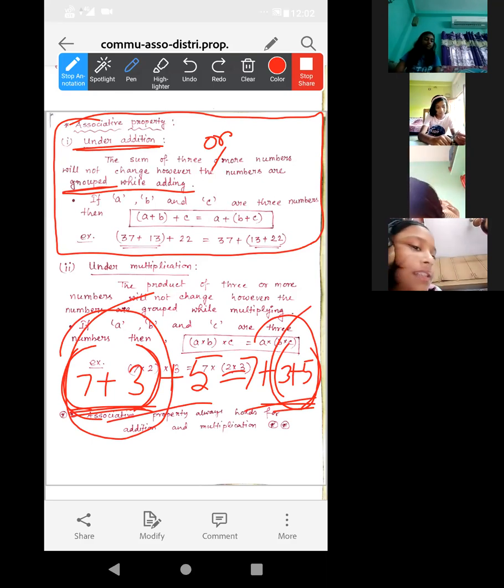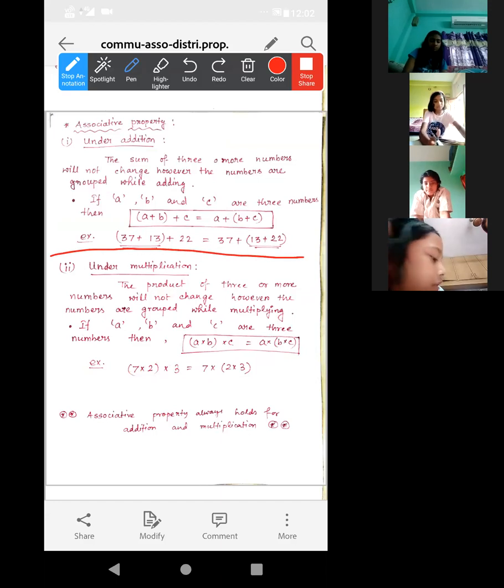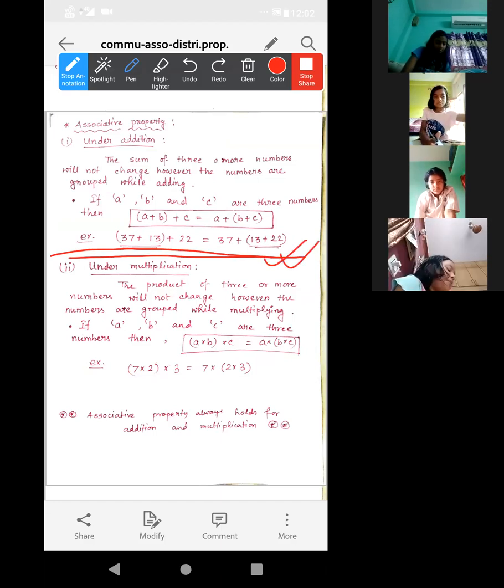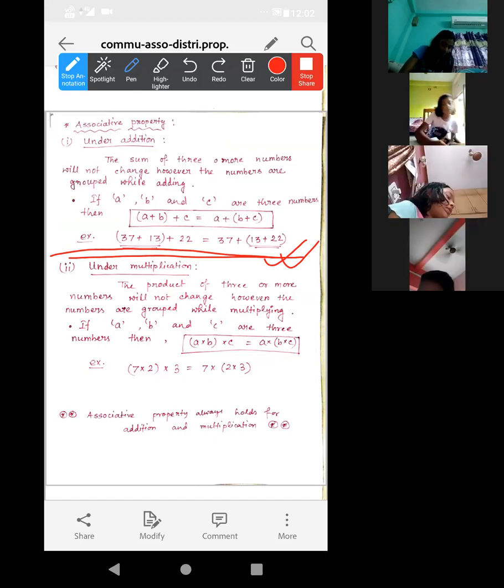Now just write it. Write up to this. Look, if we are taking three numbers A, B and C, generally, not in a particular case.